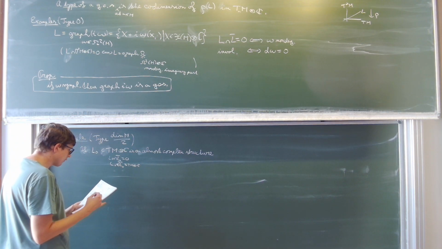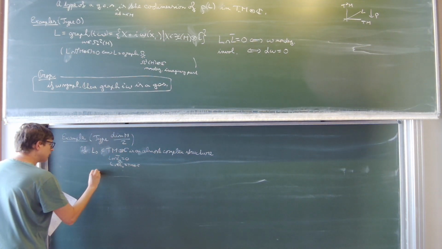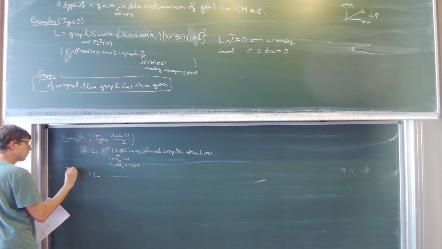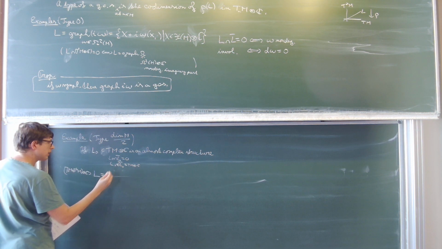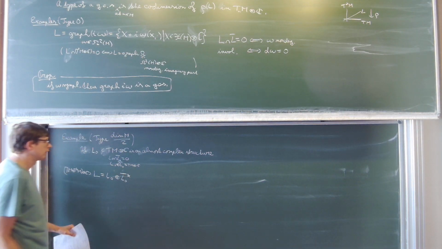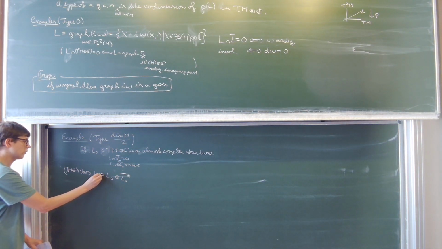Now we can try to define this L, which is supposed to live in T_M plus T star M complexified. I define it simply as L0 plus L0 bar dual.